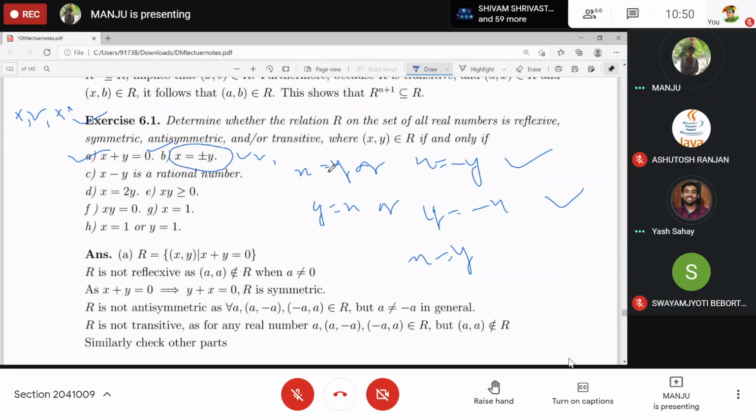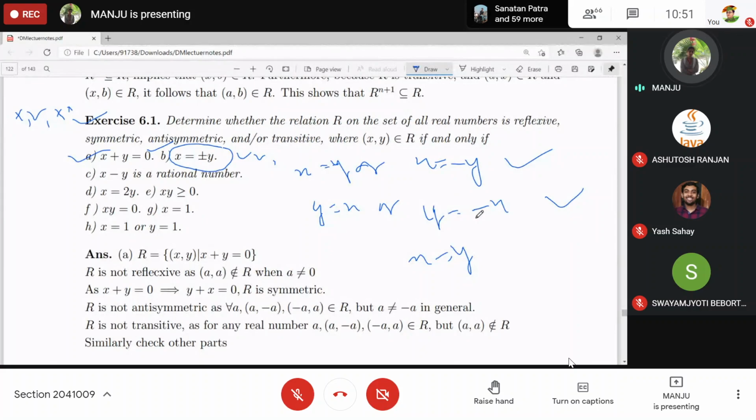From here to here, x is equal to y, x is equal to minus x. From here to here, y is equal to minus y, x is equal to minus x, you can say.